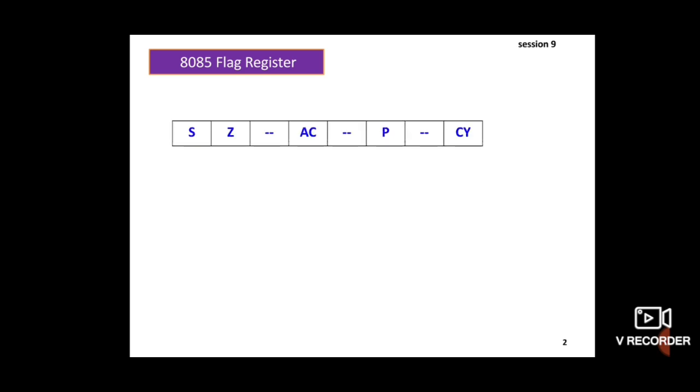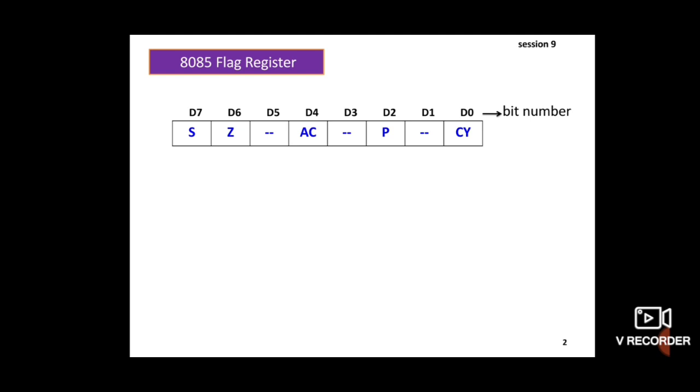Now see, in the 8085 flag register there are 5 flags. First see this bit pattern: D0, D1, D2, D3, D4, D5, D6, D7.